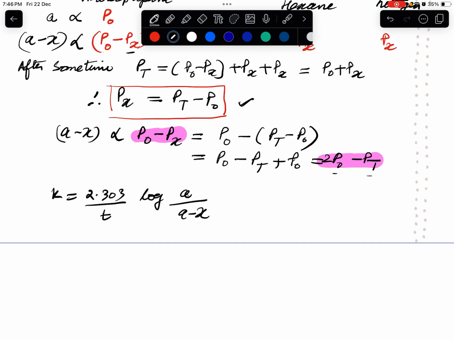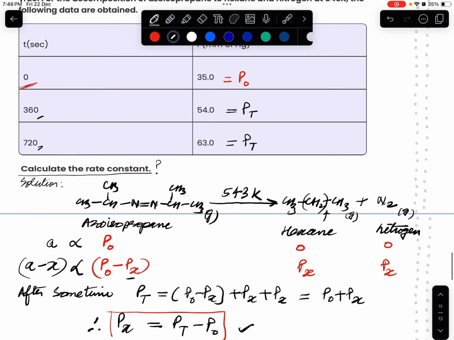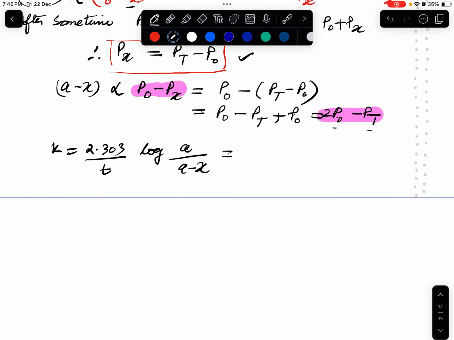Now we will write down the same equation in terms of the pressures which are provided to us in this table. A is nothing but the initial amount of the substance, which is P naught.